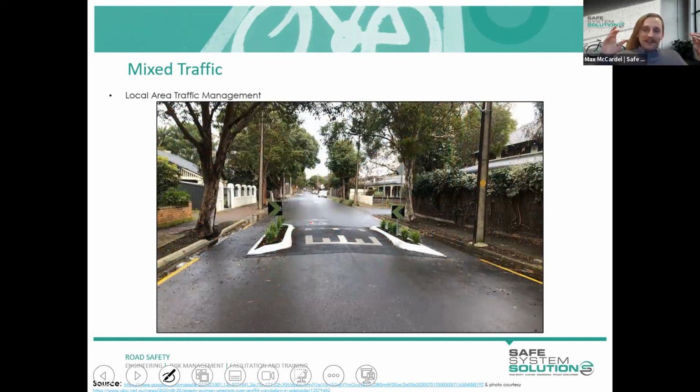So we've talked about the speed and how we want to aim to reduce operating speeds to 30 kilometers per hour or less within these shared areas where you've got cyclists taking up the carriageway. It's really critical that you have supporting local area traffic management treatments. It's such a mouthful, they really need to think of a better term.